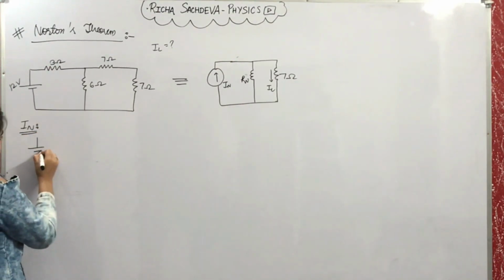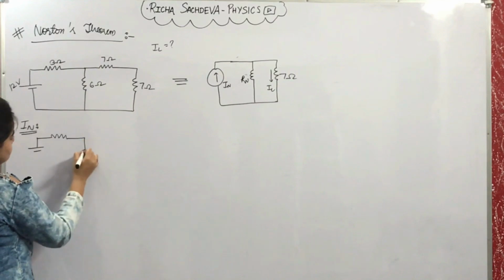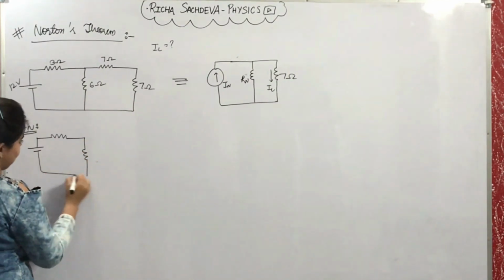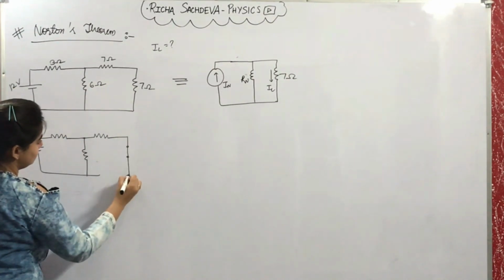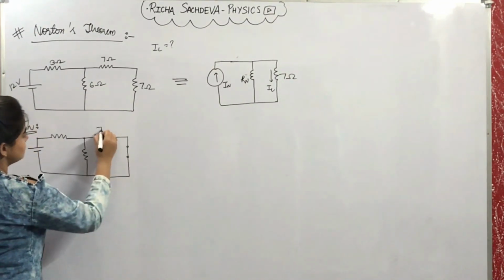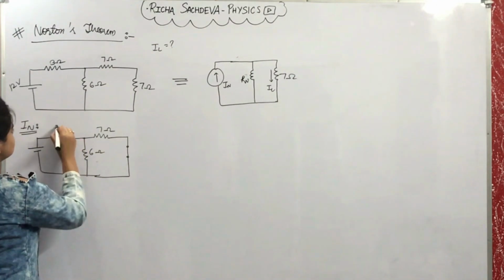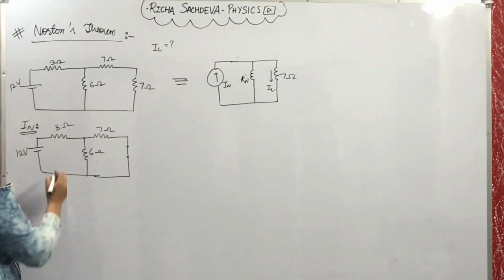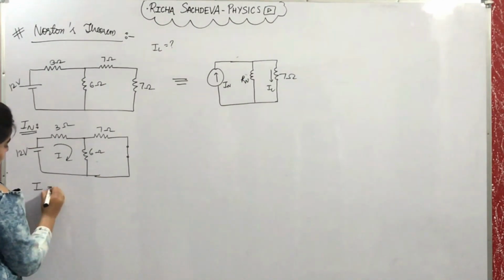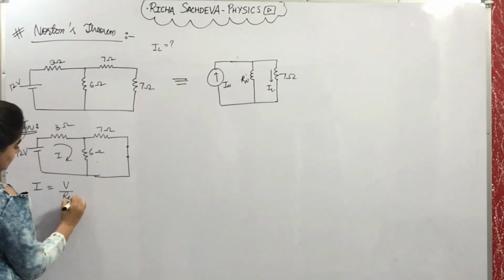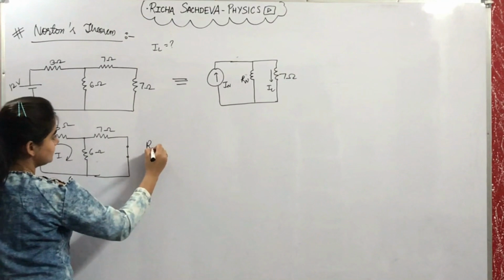So what we will do is redraw this circuit and short the element. This is 7 ohm, this is 6 ohm, this is 3 ohm, and this is 12 volt. So let us suppose the current flowing in this loop is I. So I is equal to V upon R equivalent. What is R equivalent in this case?